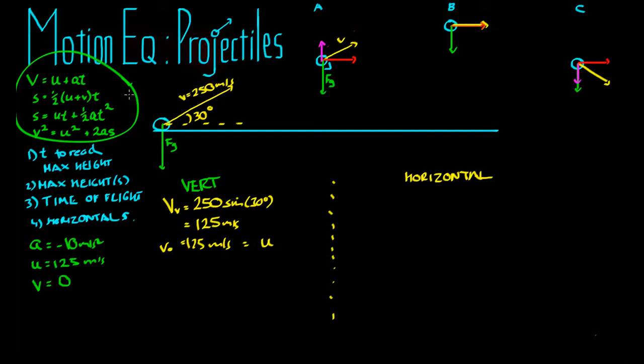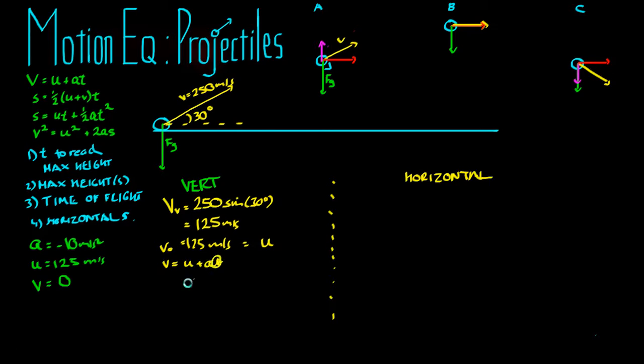Let's look for a formula up here that has A, U, and V in it, and we're trying to find T. It's this one here. There's A, there's U, there's V, which we know, therefore we can find T. So being good physics students, we try and get T by itself. So we have V equals U plus AT.